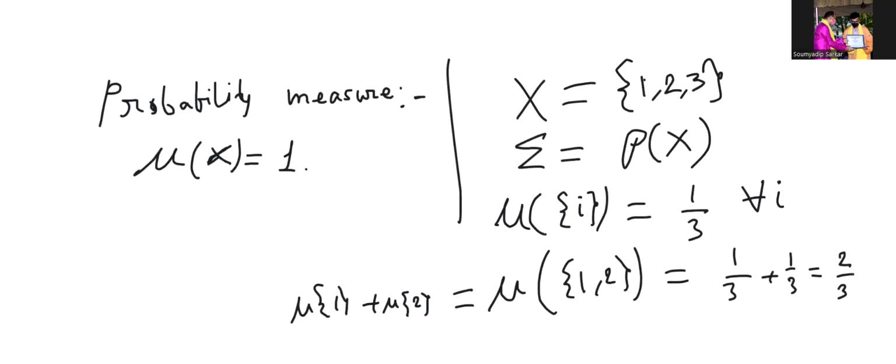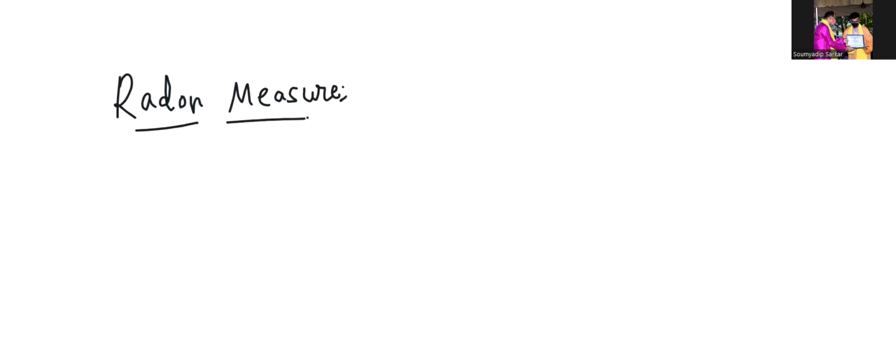Now the next important thing is the notion of a Radon measure. So this is the basic foundational thing to go into the realm of the Riesz representation theorem.